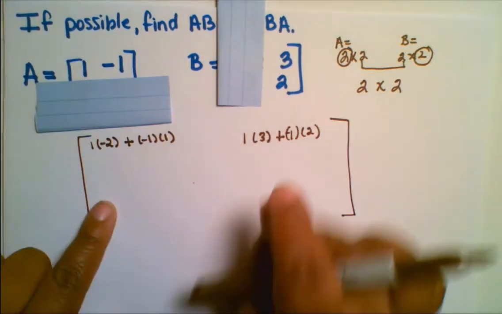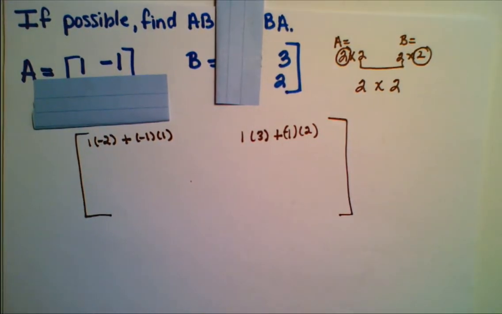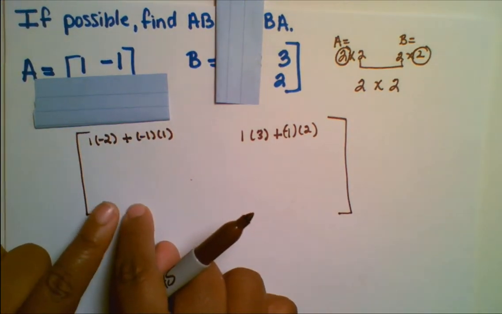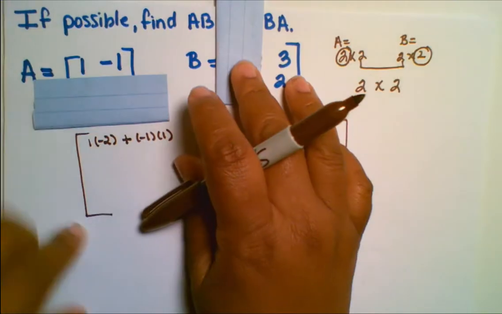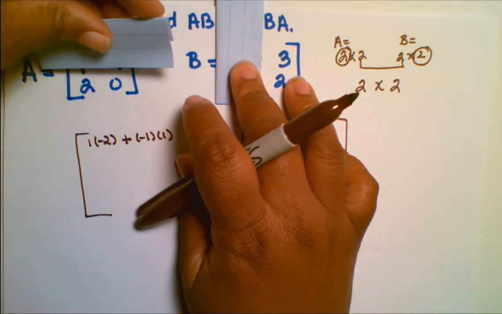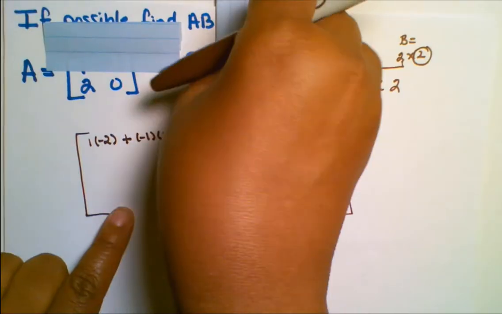It's so important that you know how to read and identify which row and which column we're focusing on. Now our focus will be on the second row. I'm going to cover up the first row, and we're looking at the first column.